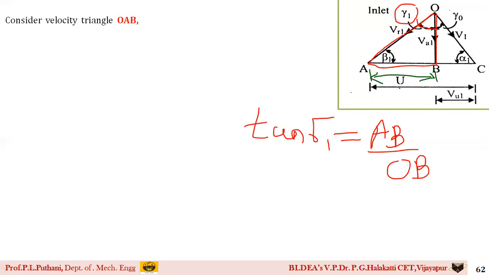The entire velocity triangle, that is from A to C, is U, and B to C is VU1. So how can I write this? AB is U minus VU1, divided by OB. OB is nothing but the flow velocity, which is VA1.